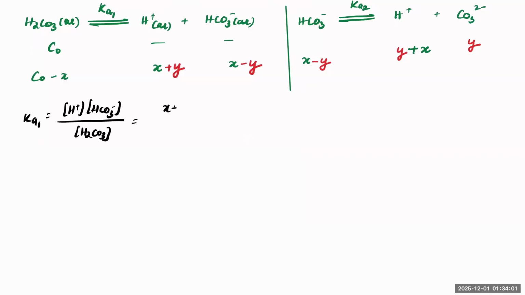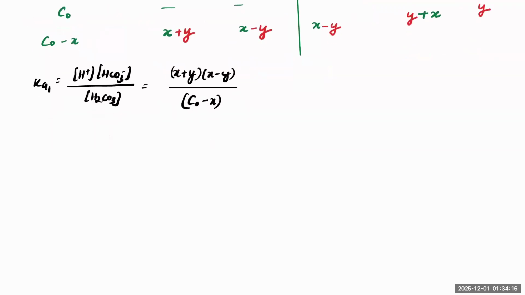So that is equal to X plus Y into X minus Y, divided by H2CO3, which is C naught minus X. Now in such cases, because X will be far lesser than C naught, we can also write Ka1 is equal to X plus Y into X minus Y.